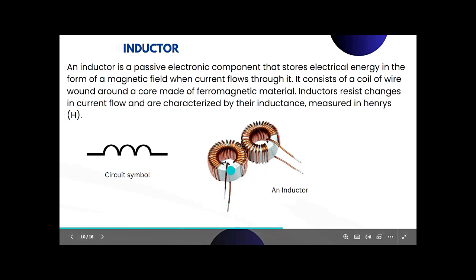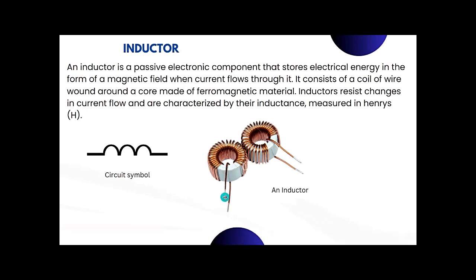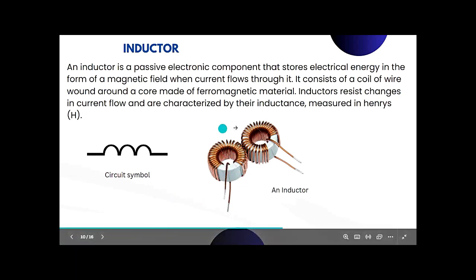As you can see in this picture, this wire is an aluminum wire, and it is wound around a core. These cores are made from ferromagnetic materials, which the wires are wound around.